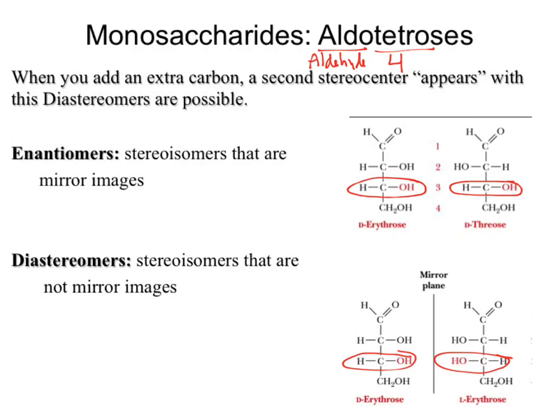Where did they come up with erythrose versus threose? I ultimately have no clue. It would be nice if they had a consistent nomenclature system. They probably saw this as you're referring to erythrocytes. That might have been where they first discovered it. What does eryth mean, though?